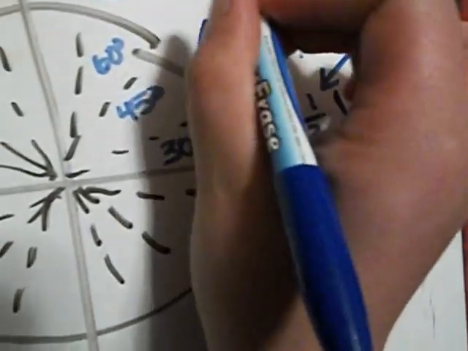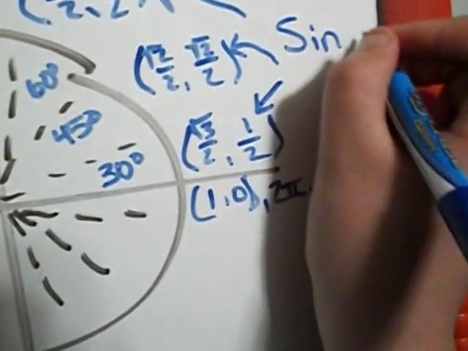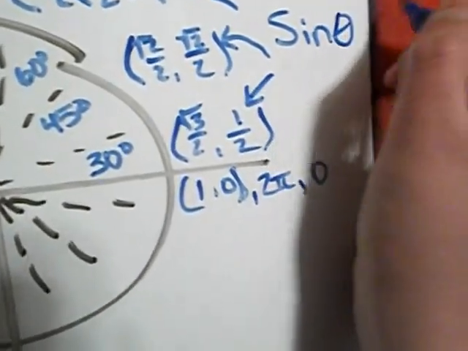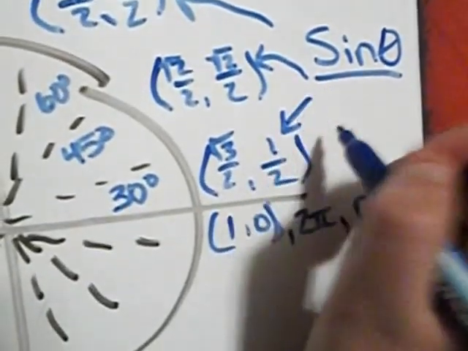And then the y's, all the y's are sine. So it's sine theta. And then all the x's, let me get a green marker.